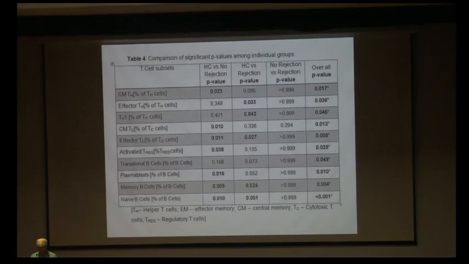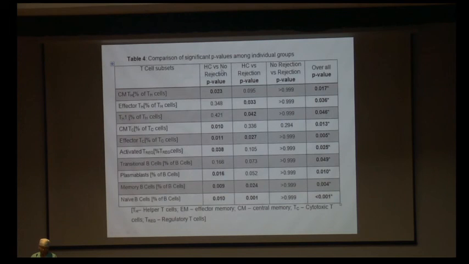Most likely because the numbers were less, the results have not come as one would have thought, but some of the important findings are there. Although there was no difference in cells between the rejection and no rejection groups, this might be because both groups were on immunosuppression. They had taken samples at multiple time points.